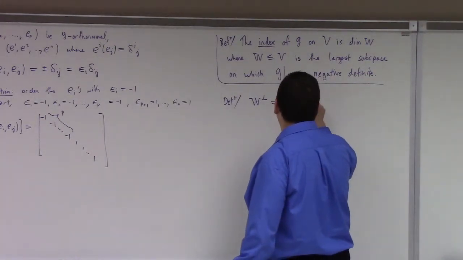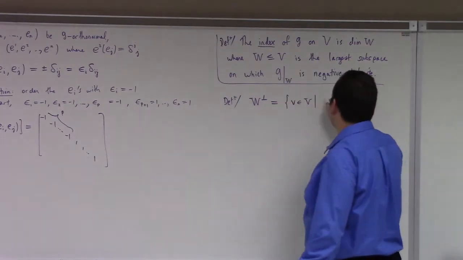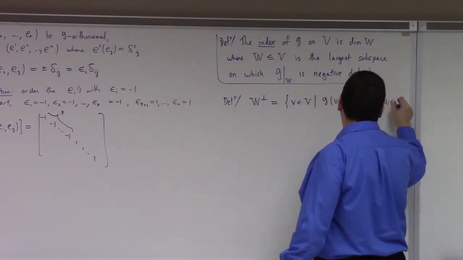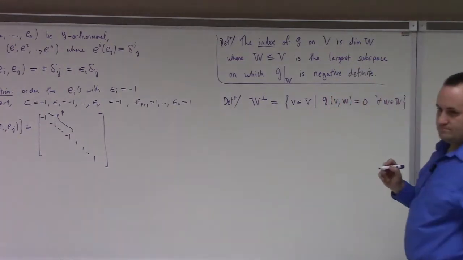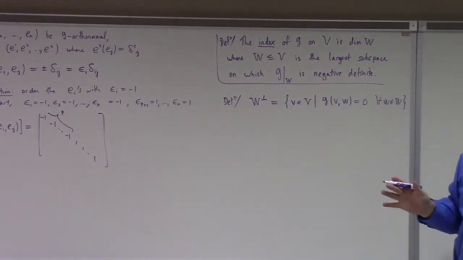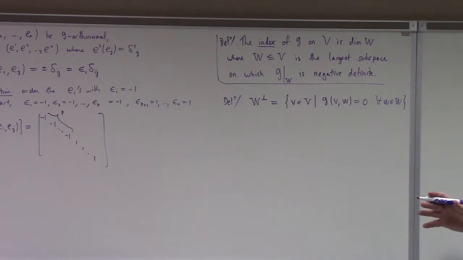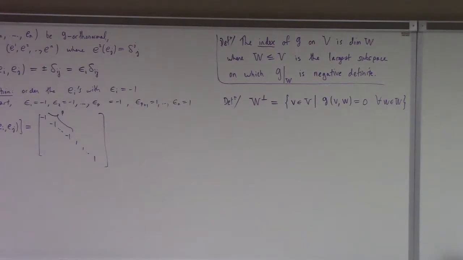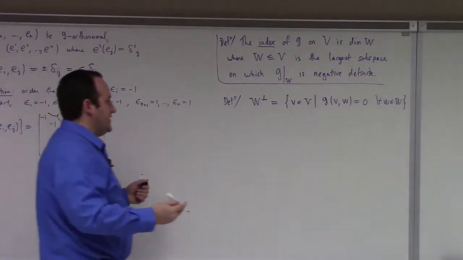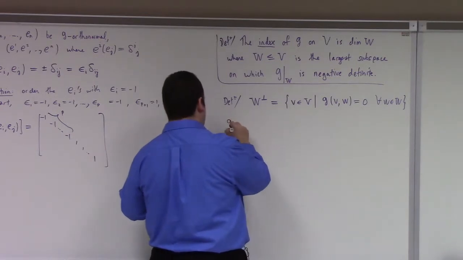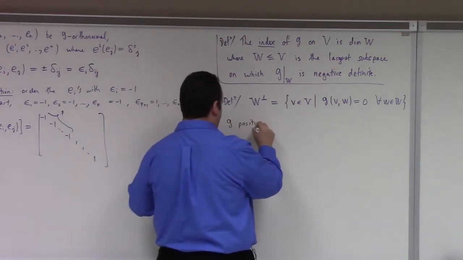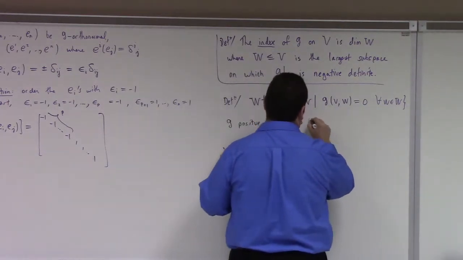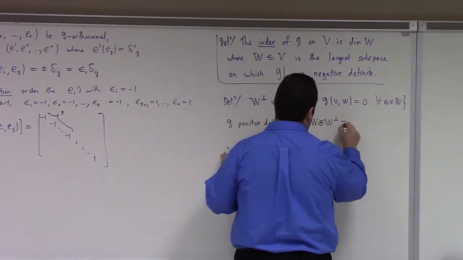It's the set of vectors v in V such that G of v comma w is equal to 0 for all w in W. In linear algebra, one of my favorite results is that the perp is the orthogonal complement of W, in the sense that they're complementary subspaces, a direct sum. So if G is positive definite on the whole space, then usual linear algebra tells you that W direct sum W perp is equal to V.